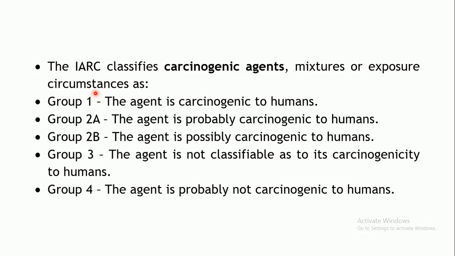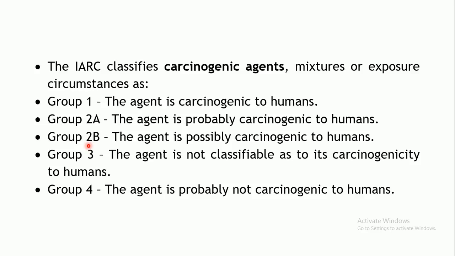These are categorized as group 1 when the agent is carcinogenic to humans. It is classified as group 2A when the agent is probably carcinogenic to humans.